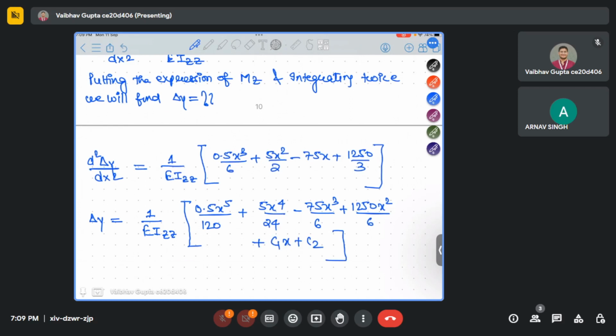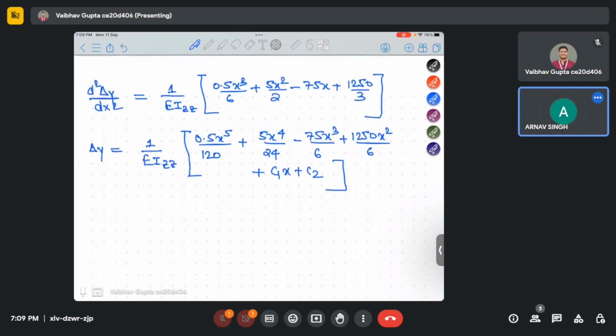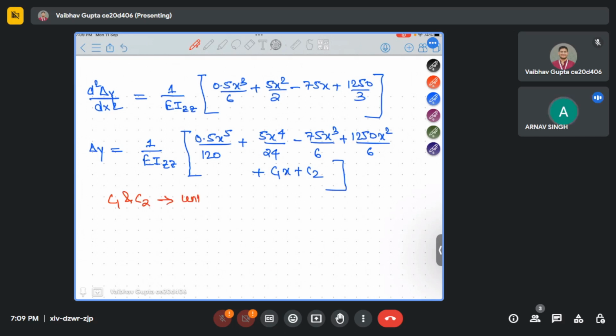This expression you will get. Now we have c1 and c2 unknown. So we need two boundary conditions.